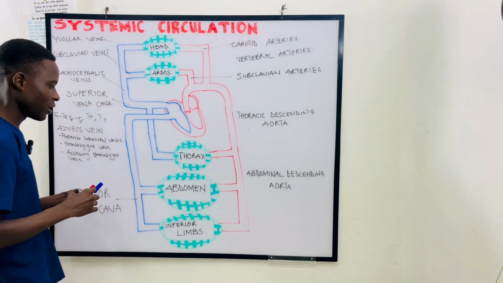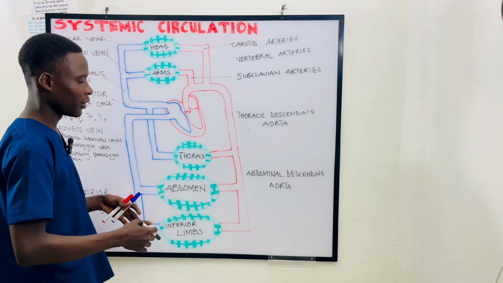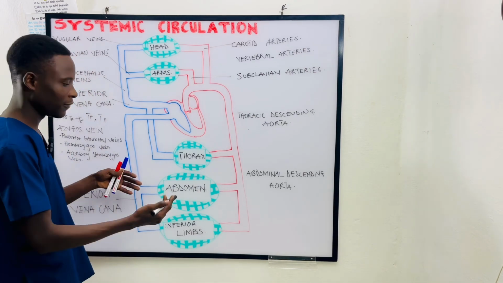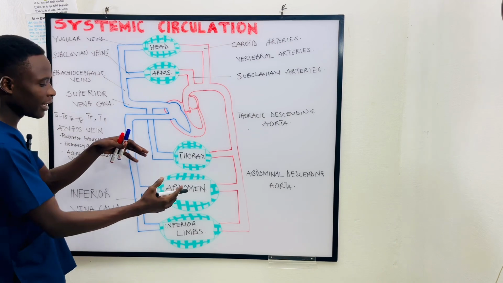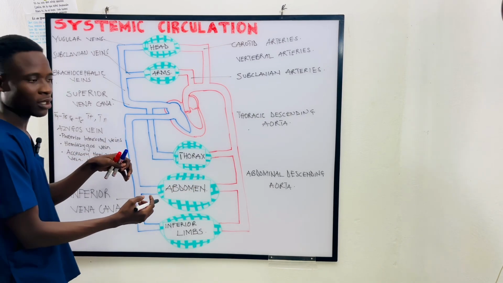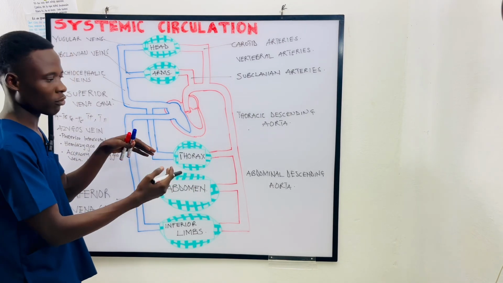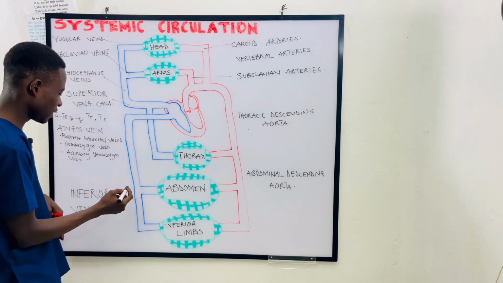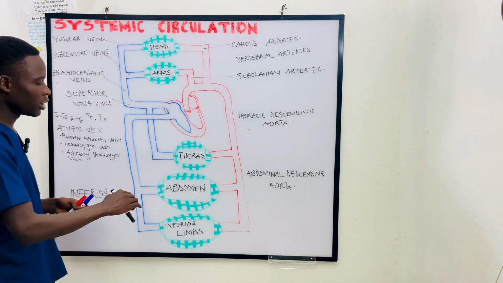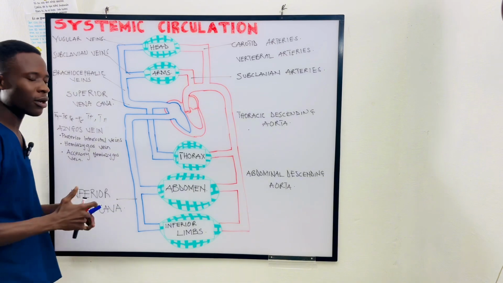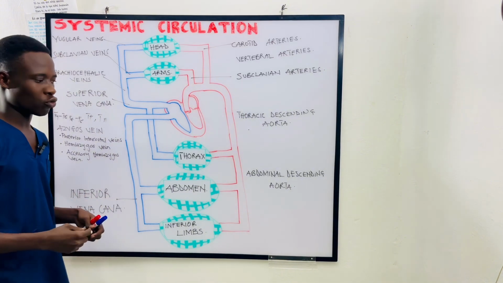For example, we have the adrenal vein, the renal vein, the hepatic vein, and these veins will take the blood from the corresponding organ and then deposit it into the inferior vena cava, so that the inferior vena cava will send it into the right atrium for the process to continue.